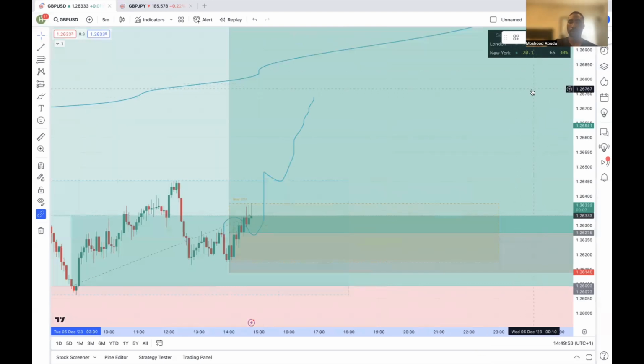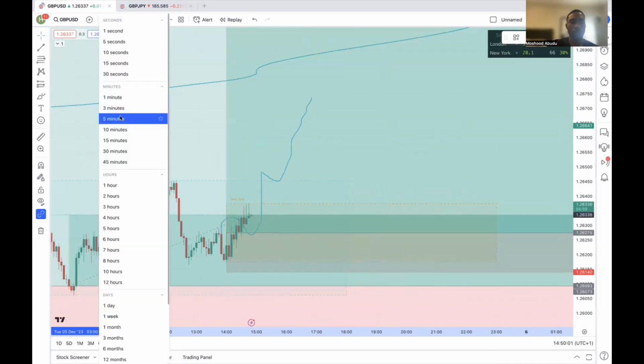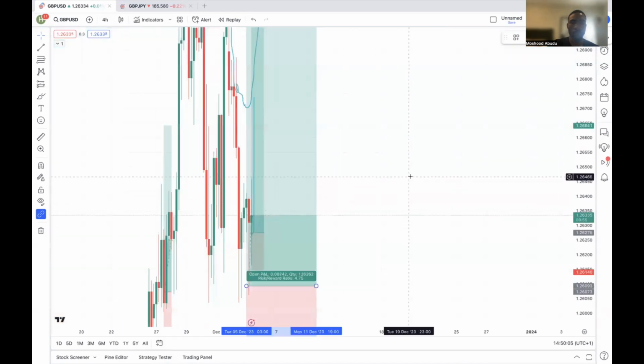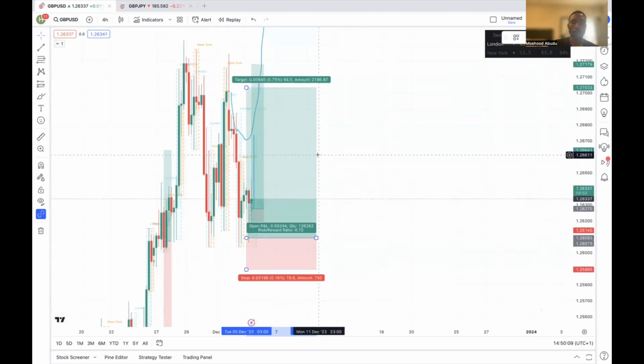Okay, good. So right now we can see. Before we start, I just want to go to a higher time frame, because that is how I get to see more data, or more realistic data from any pair I want to trade in.